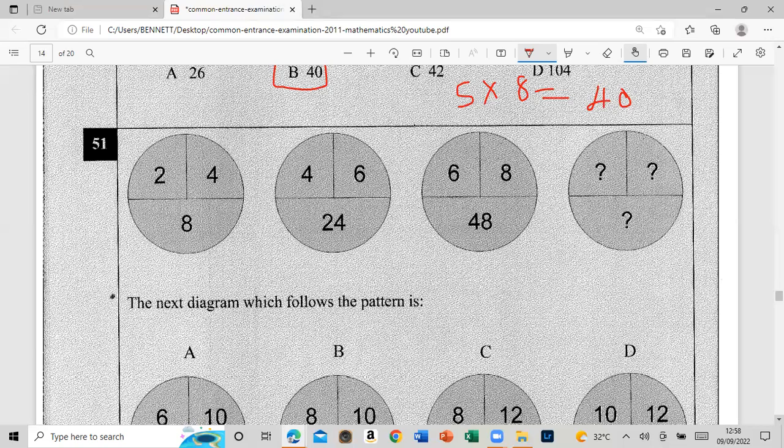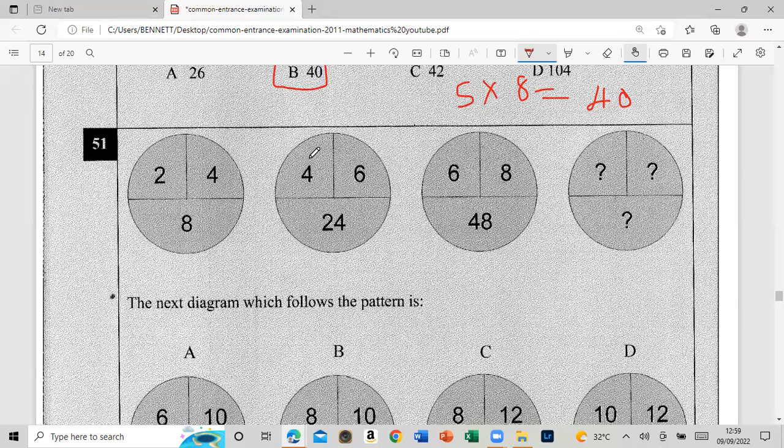Alright, let's move on to 51. Alright, so they say the next diagram which shows the pattern is, so let us see if we can figure out what's happening. Alright, so 2 times 4 is 8, 4 times 6 is 24, 6 times 8 is 48.